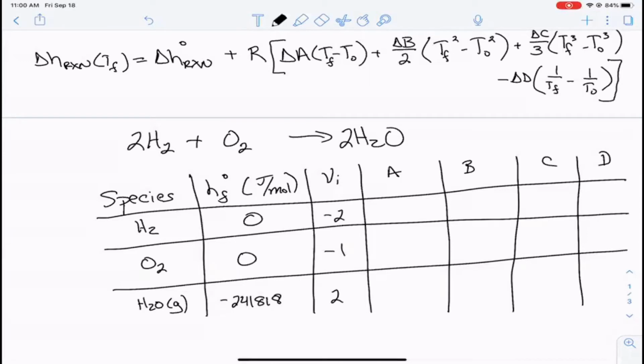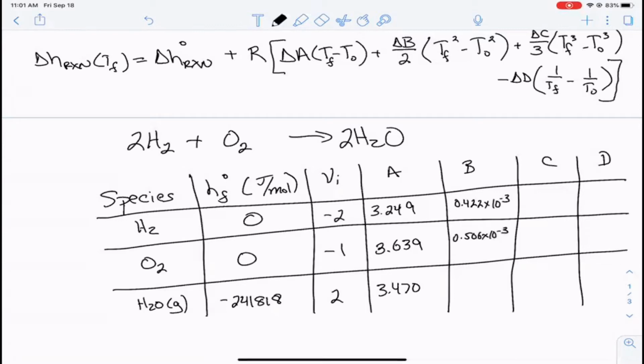And so then we can go back in the appendix and look for each of these A, B, C, and D values. So A is 3.249, 3.639, 3.470. B for hydrogen is 0.422 times 10 to the -3. For oxygen is 0.506 times 10 to the -3.